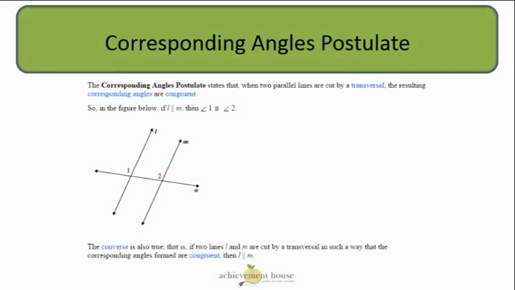All right, the first postulate we're going to talk about is what is called the corresponding angles postulate. This postulate states that when two parallel lines are cut by a transversal, that's this guy, line N, cutting through here.